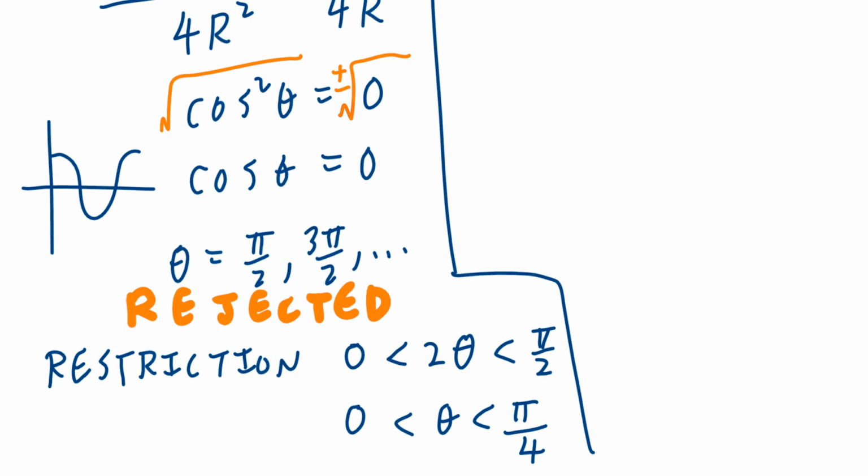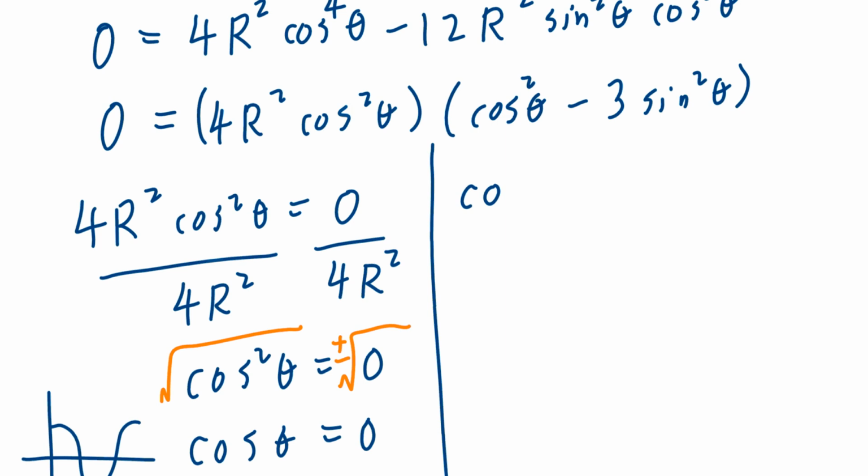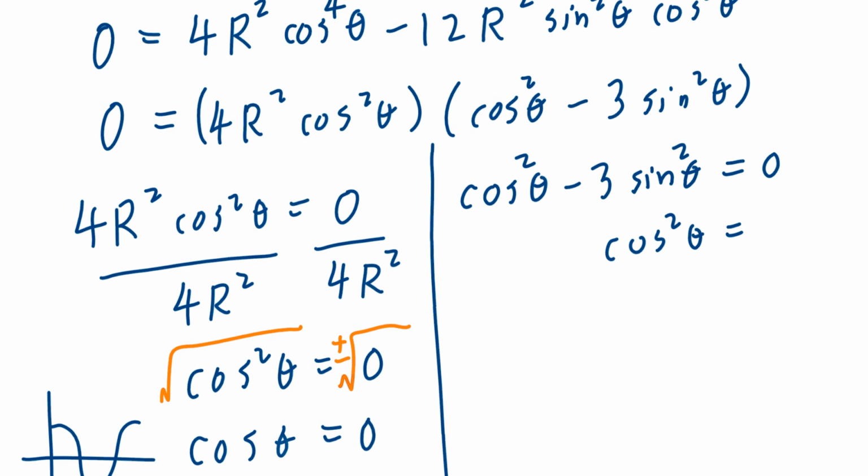Now, in the second column, look what happens. Cosine squared theta minus 3 sine squared theta equals 0. I can bring negative 3 sine squared theta to the right, divide both sides by cosine squared theta.